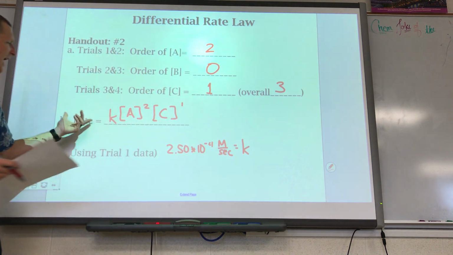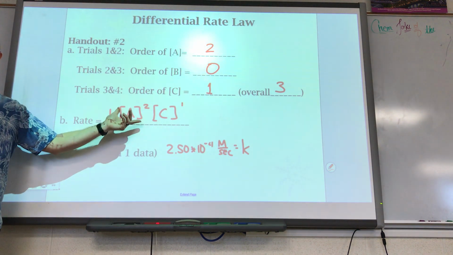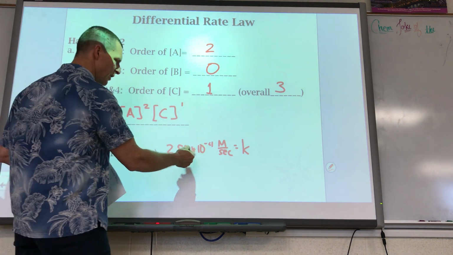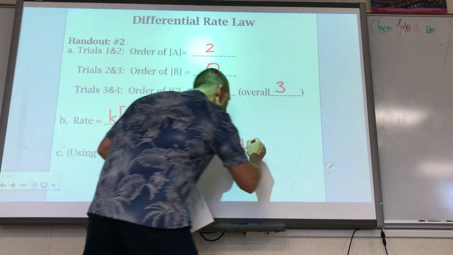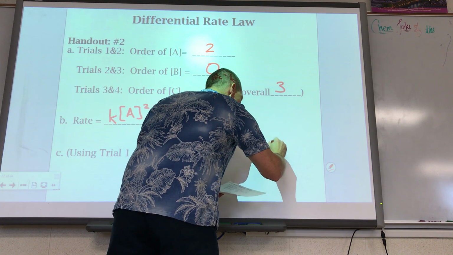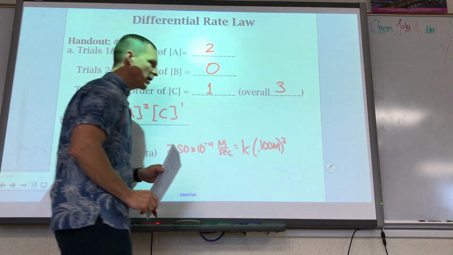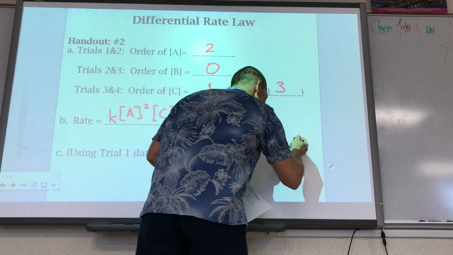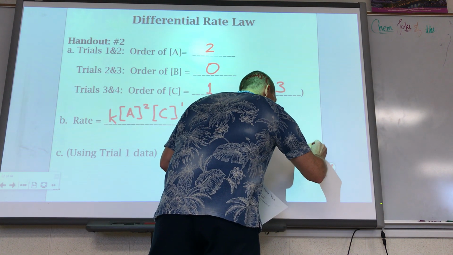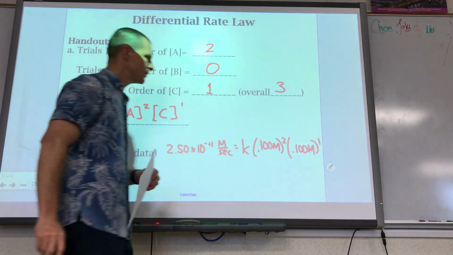So for finding K, I just take the rate law, this rate expression that we found, and plug all the numbers into it from one of the trials. There's the trial 1 rate. The concentration is 0.1 molarity of A squared. Remember, A gets squared. And then B is to the 0 power, so we leave it out. 0.1 molarity for C to the first power.